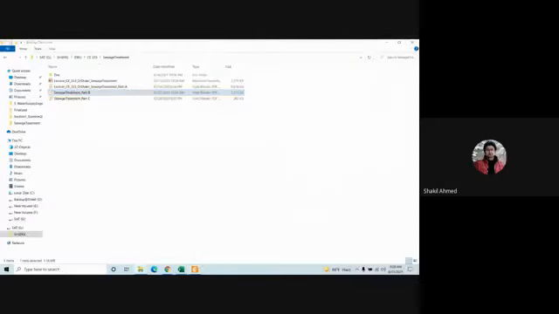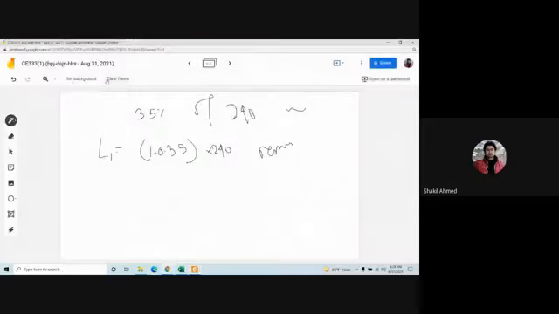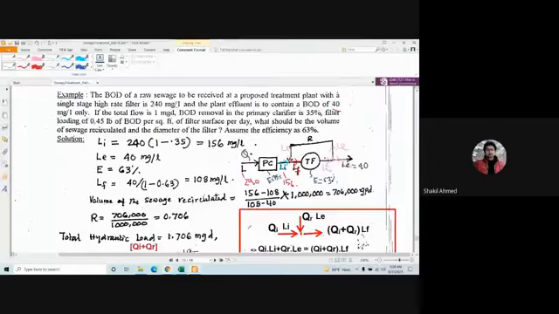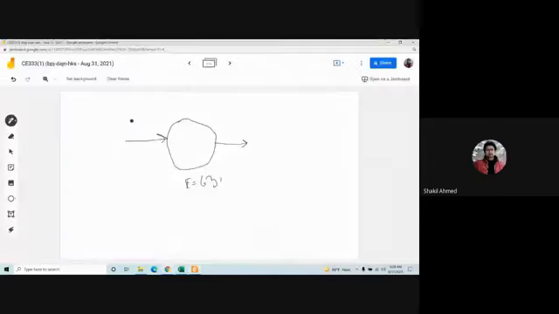So as I told you, if the efficiency is 63% here, this is LF. This is LE. So LE will be 1 minus E into LF. Clear?